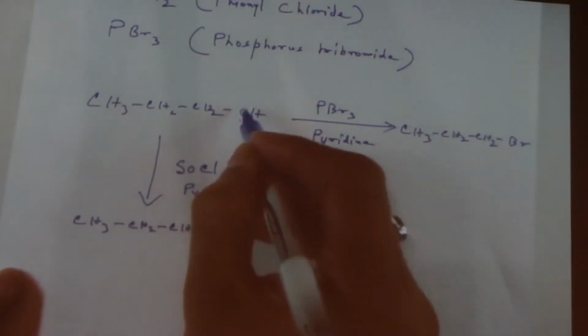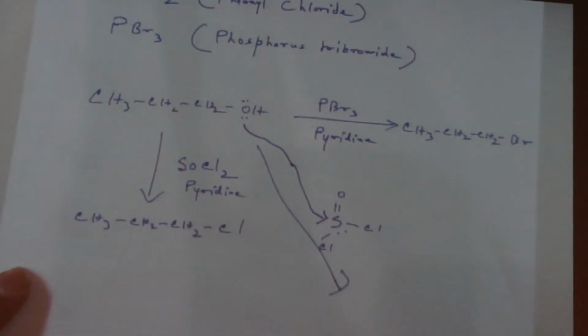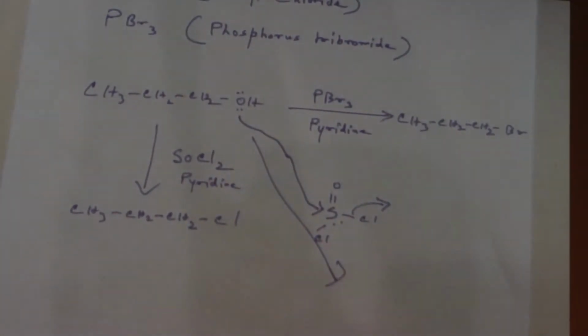And the way this reaction proceeds is again a nucleophilic attack from the oxygen of the alcohol, which attacks the sulfur and displaces one of the chlorines. So mechanistically then, this generates R-O-H, positively charged, S.